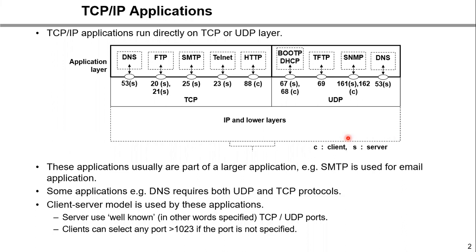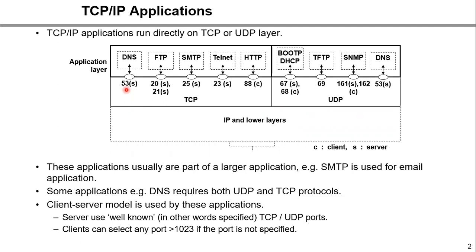application layer protocol. Now on your screen there are few applications which are listed along with their port numbers. Now these port numbers are very important port numbers. You might have to remember these numbers because again these are the well-known port numbers, or you can say system port numbers.